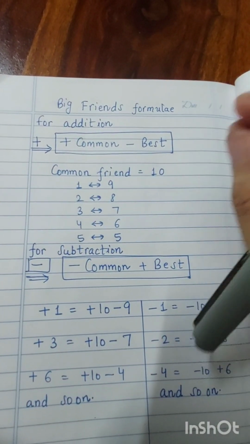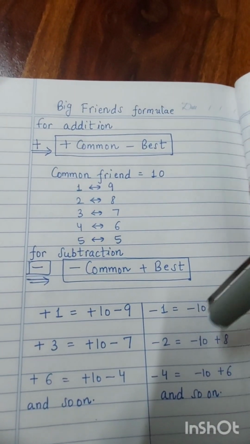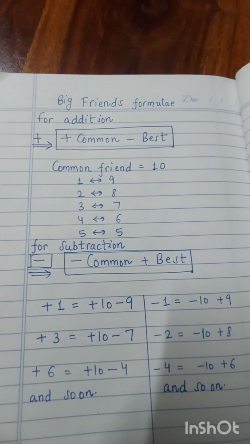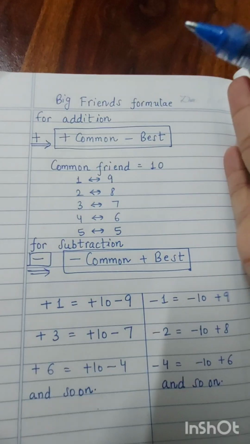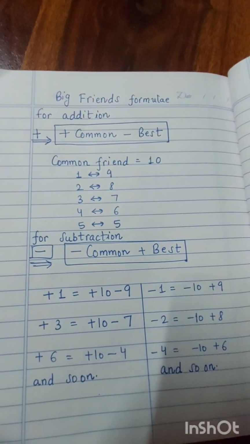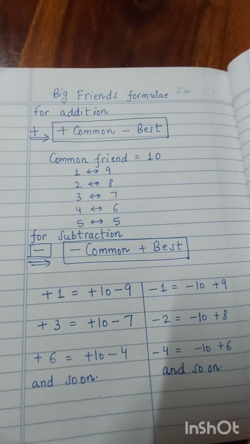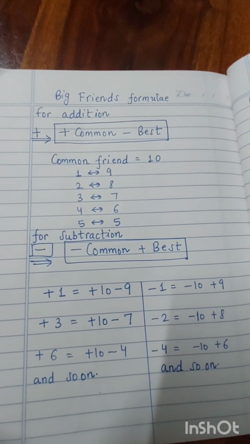First of all, we take the help of small friends. If small friends are not available, if small friends are already used, then we move on to big friends.